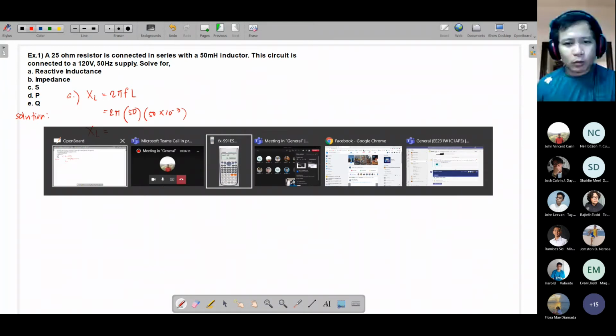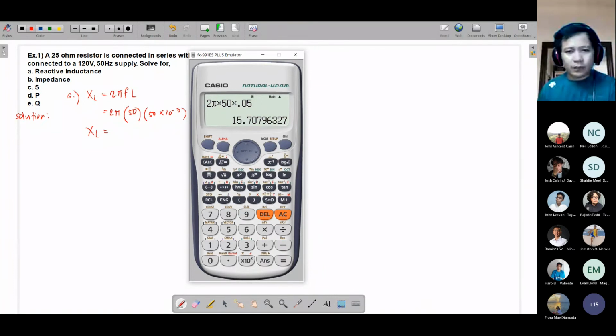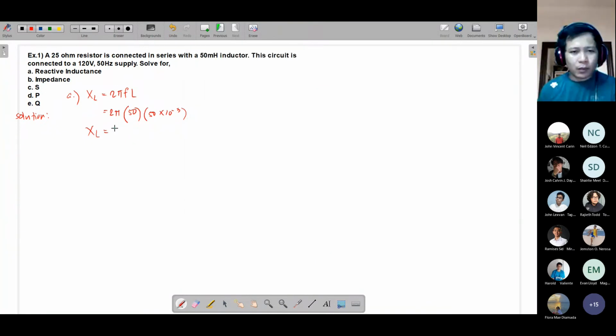So itong calculation na to. Tara. So you will have 2 pi times 50 times, diretso una kuha ang 50 times 10 to the negative 3, that is 0.05. So this is 5 pi or 15.71 ohms.